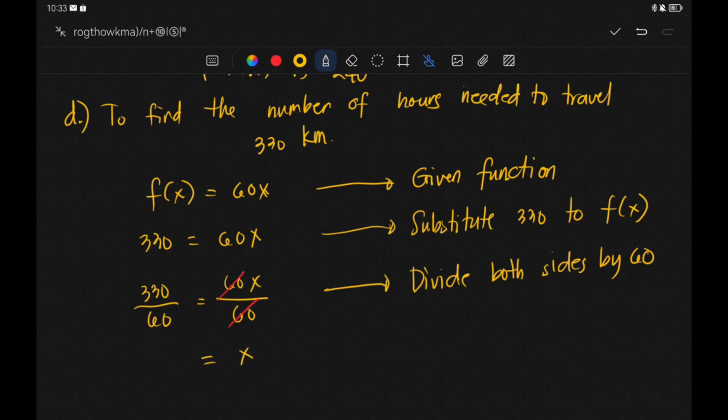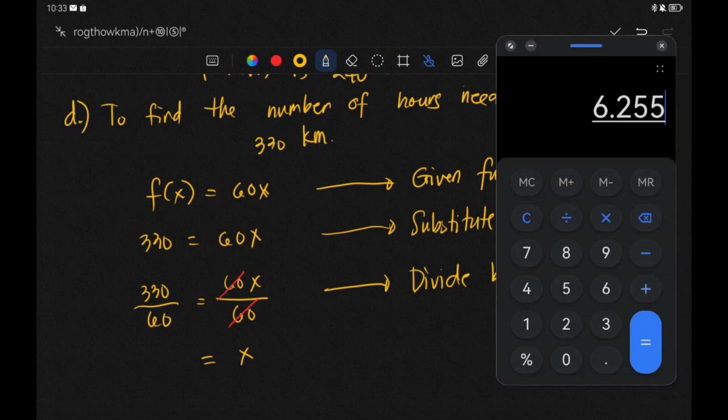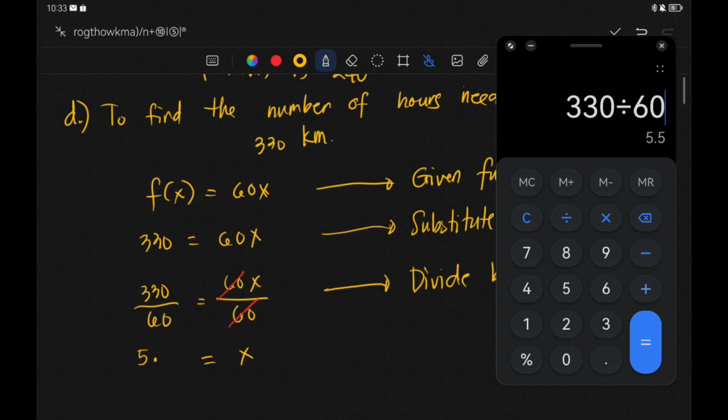330 divided by 60. Let's use our calculator. 330 divided by 60, that is 5.5. Or, x is equal to 5.5.